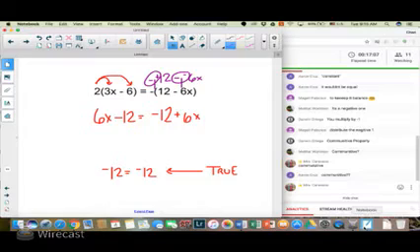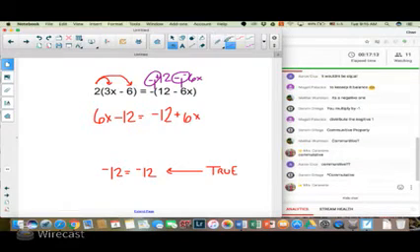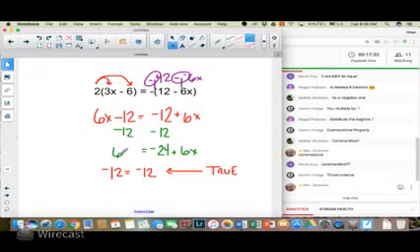Good, Aaron, perfect. So in this scenario, if you made a mistake, the mistake we see the most is this. Sometimes students say, oh, we're going to subtract 12, so then all of a sudden it's negative 24 plus, this is wrong, right? This is an error, but this is what we see.